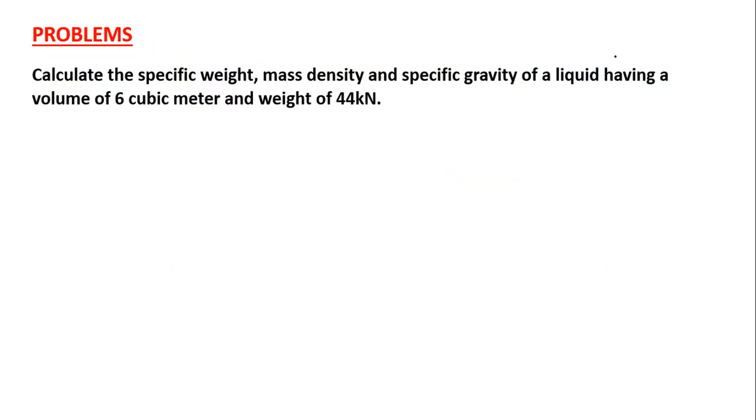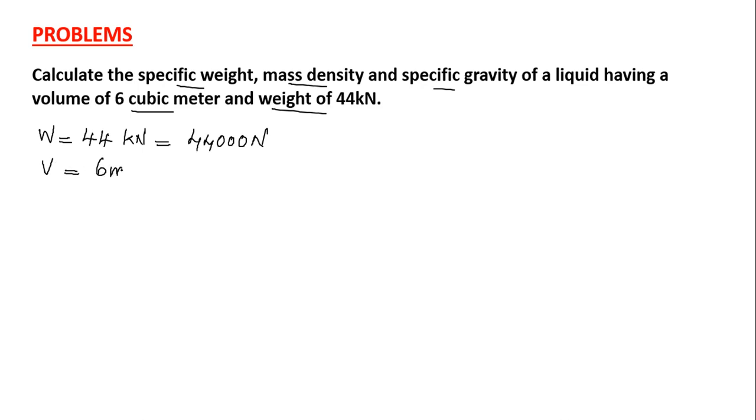Now we will try to solve a problem on fluid properties. Here we need to calculate the specific weight, mass density and specific gravity of a liquid having a volume of 6 meter cube and weight of 44 kilonewton. Now we will take down the given data. Weight of the fluid is 44 kilonewton, that is 44,000 Newton.